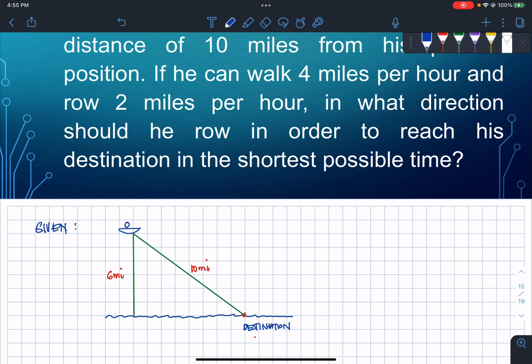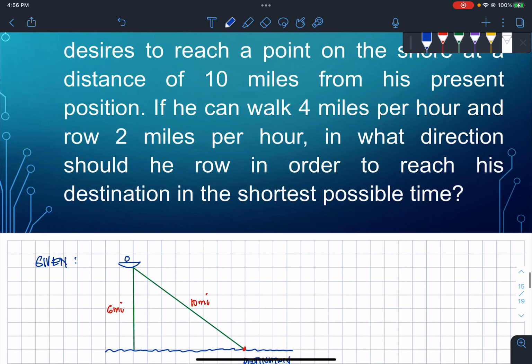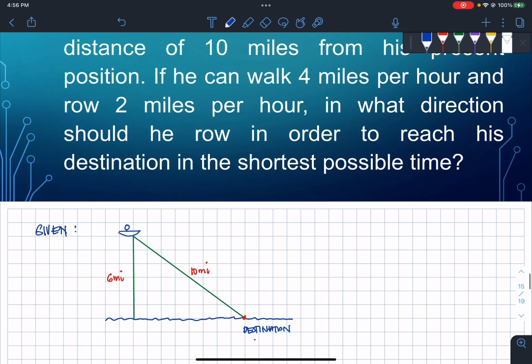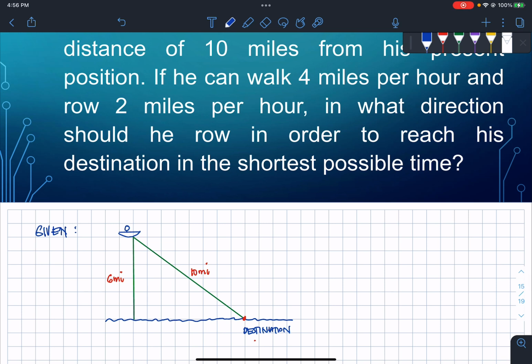So the man could row the entire 10 miles because that is still part of the ocean. So the man can row 10 miles. But if he does that, for example, this is 10 miles, and he rows at 2 miles per hour, so purely he will not walk. So 10 miles divided by 2 miles per hour.